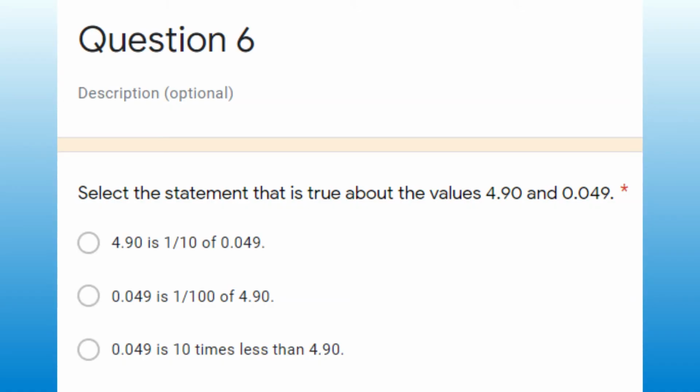Sorry, I got a little distracted there because I saw another decimal at the end. That's just a period to end the sentence. So in that second number, it's not 0.049 point, it's just an ending sentence period.